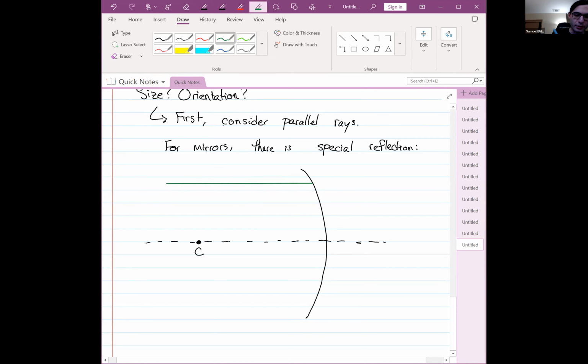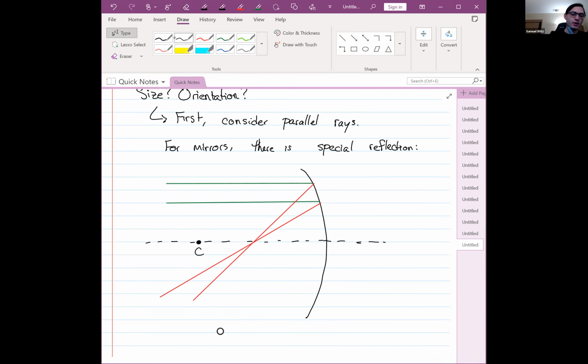We have another incoming ray, say, looks like this, also parallel to the optical axis. And the point is that for a mirror, these rays all happen to reflect in a particular way. Regardless of what height they're coming in at, they all reflect so that they intersect at a very particular point. So this point here, this is called the focal point.